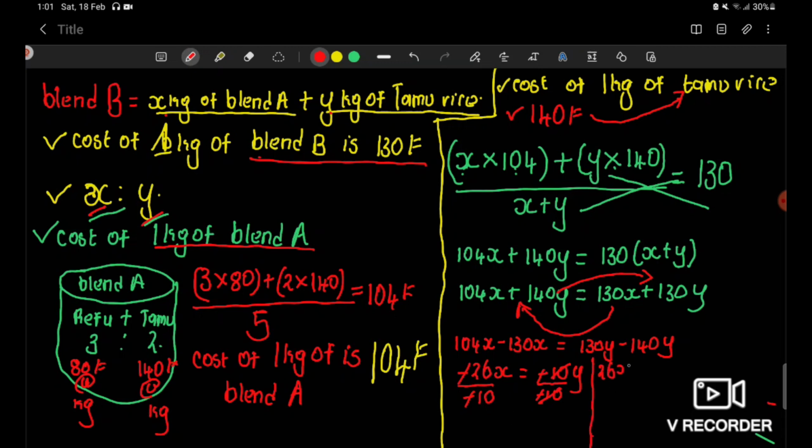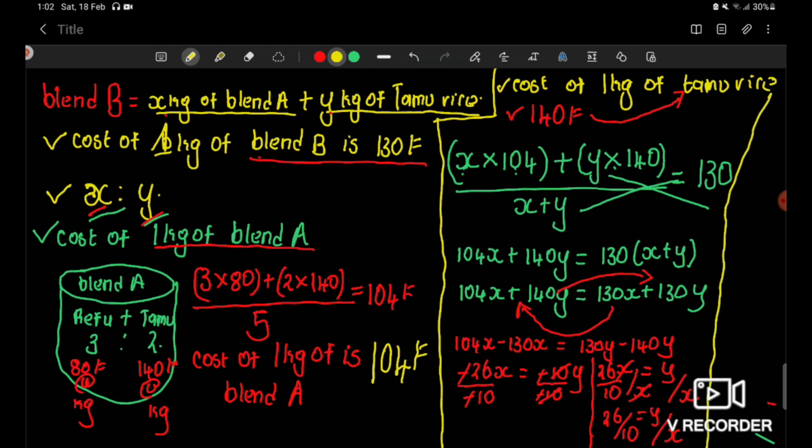26x over 10 is equals to y. We divide by x again, cancel, cancel, we remain with 26 over 10 is equals to y over x. So here our ratio is 26 over 10 is equals to x over y.